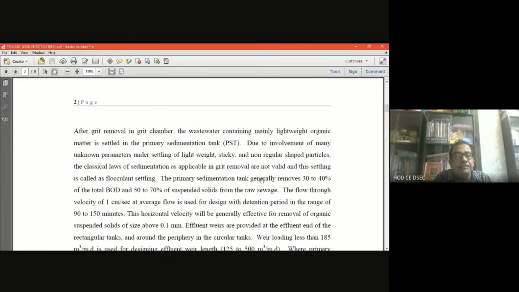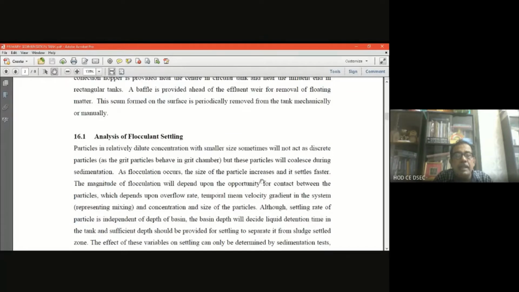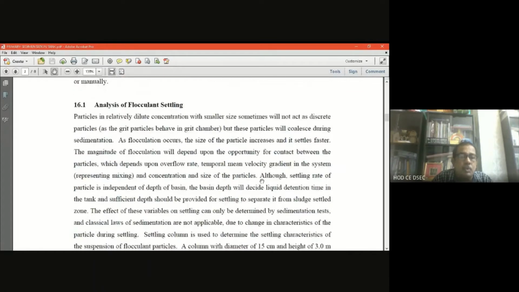But here, the analysis part, I am just entering into the analysis part. Here the particles will flocculate during sedimentation.